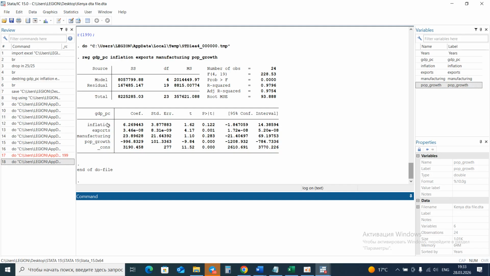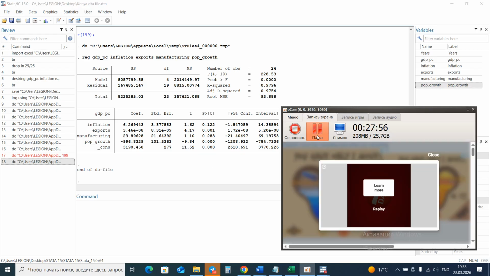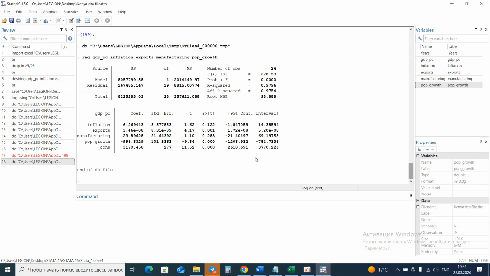So in brief, it shows a relationship between variables. Here the relationship is presented.